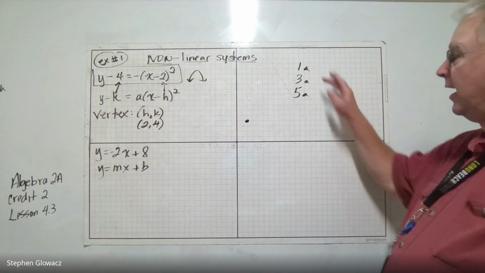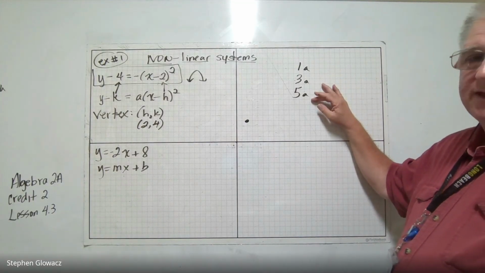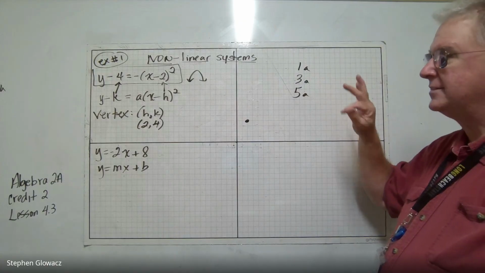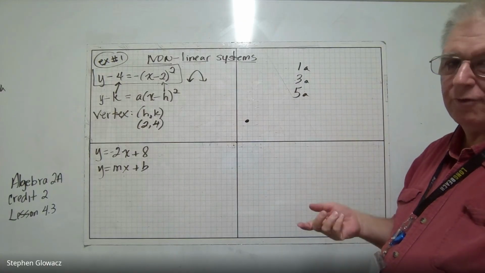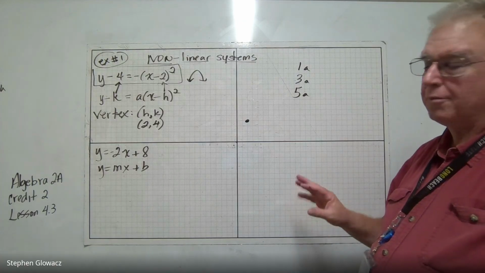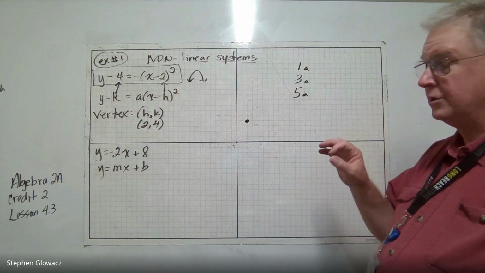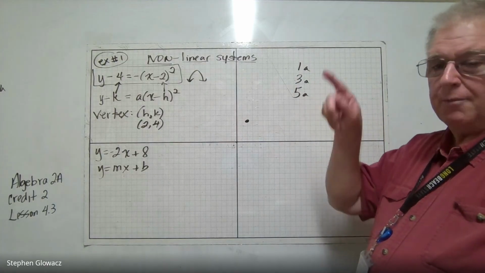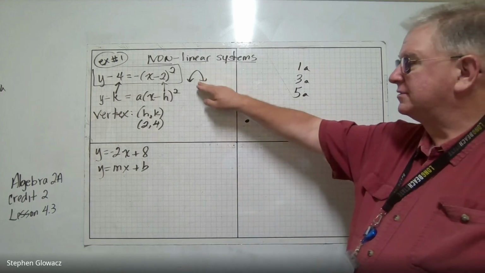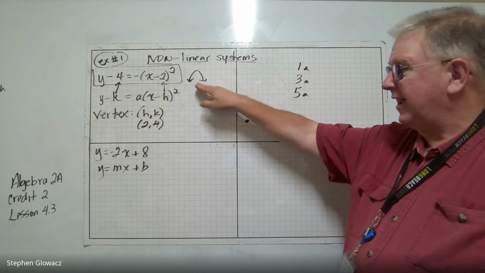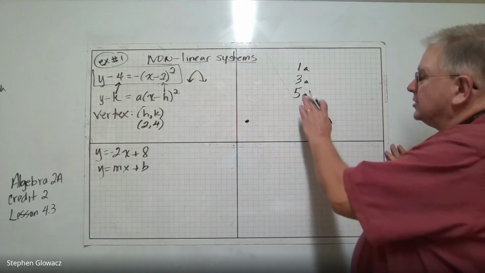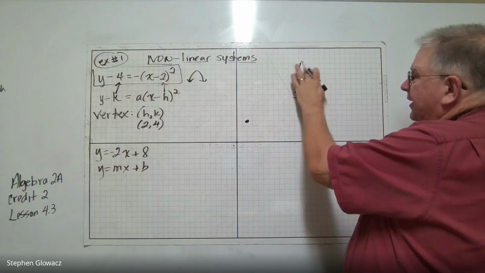We're not going to have to worry about a, though, because in the examples and the problems you'll be doing, a is either going to be positive 1 or negative 1. So all we have to really do is determine whether it's an upward facing parabola or, as we already talked about, in this case, a downward facing parabola. So we won't have to multiply the 1, 3, and 5 by a.